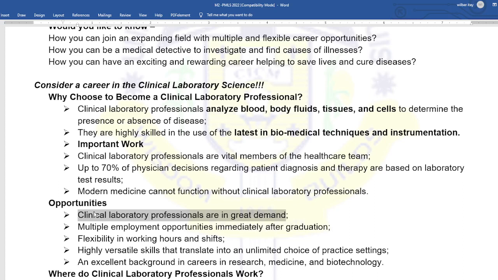Okay? So, yan, tae, ihe. Okay? Sputum. Vaginal discharge. Okay? Discharge from the penis of an individual. Bacteria, di ba?